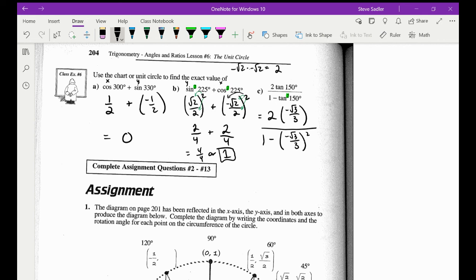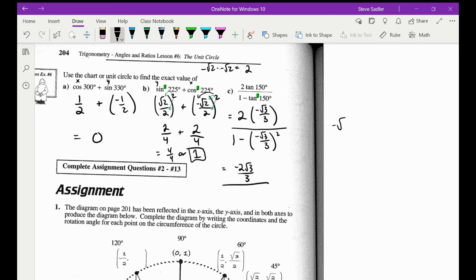All right, so hopefully we have room. The top becomes negative 2 root 3 over 3, and the bottom becomes, well, off to the side we can do negative root 3 over 3 multiplied by negative root 3 over 3, since it's squared.